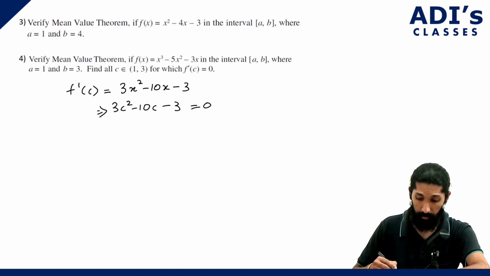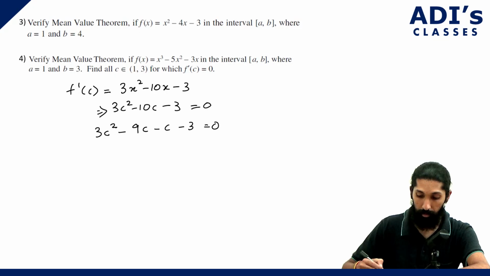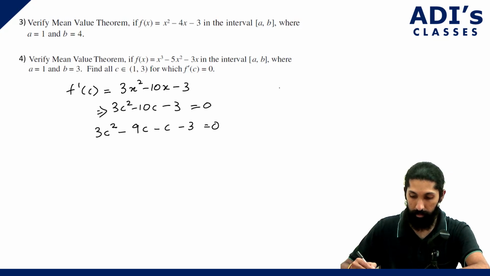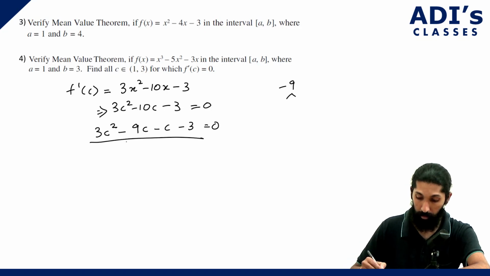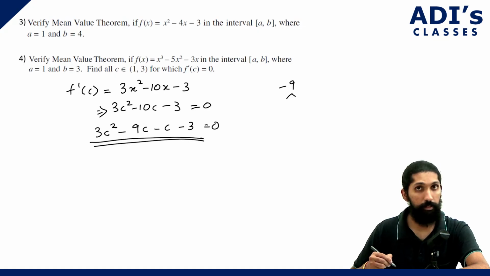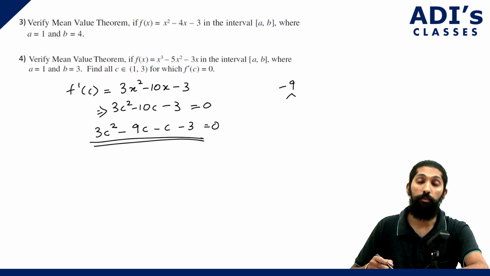Isn't it? Minus 9 minus 1 you can take. 3c square minus 9c minus c minus 3. This is equal to 0. But if you do this one, 3 into minus 3 is minus 9. Minus 9 will not give you this one if you look at it, because here the values will not suffice. Isn't it? So what you do, you apply the formula again.